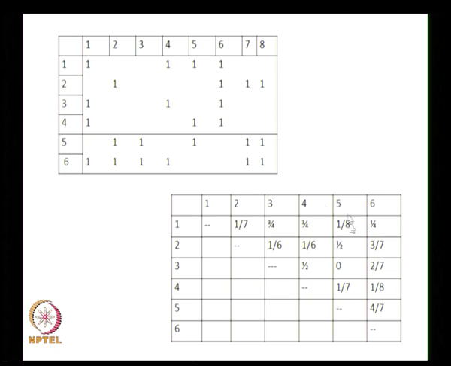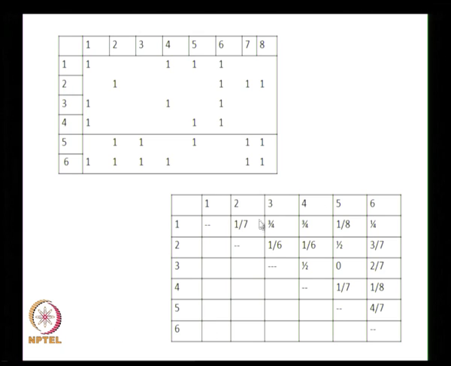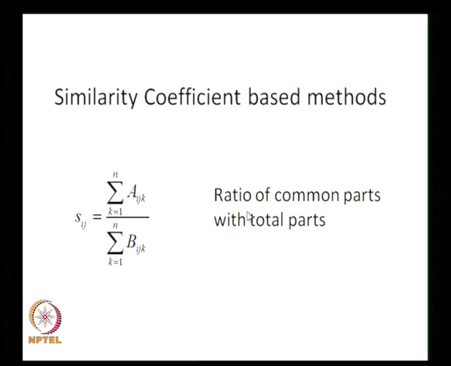Now what is the similarity between 1 and 2? The similarity between 1 and 2 is computed to be 1 by 7, which is based on this formula, which we have to explain now.